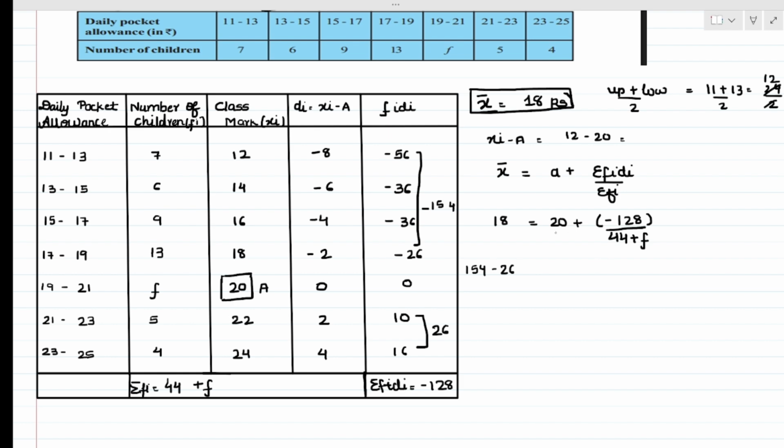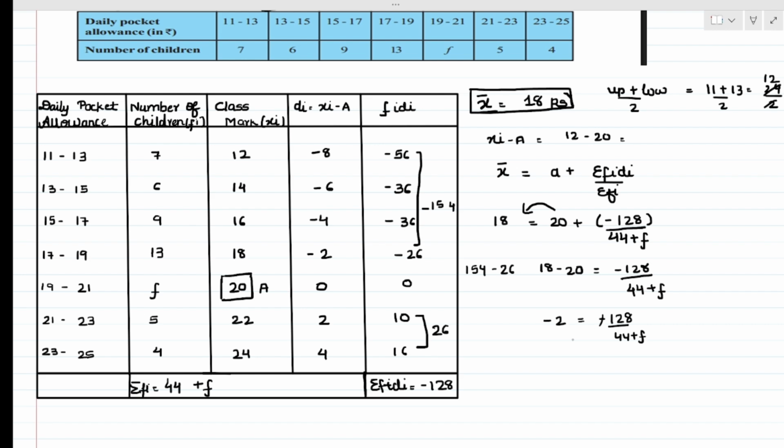Now continue with the sum. Side change, sign change. That means your 18 minus 20 will be equal to minus 128 upon 44 plus f. Now as you can see, 18 minus 20 gives us minus 2 equals minus 128 upon 44 plus f.